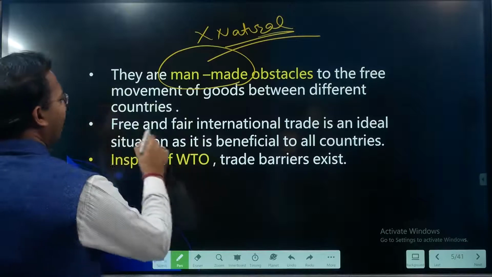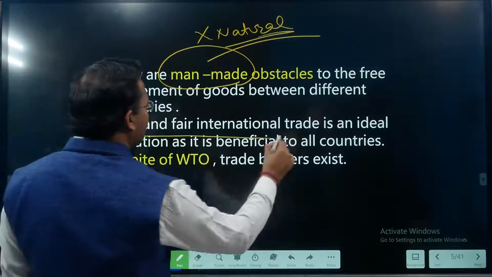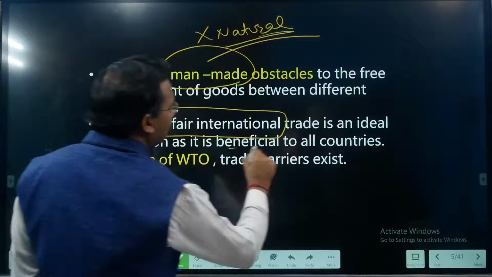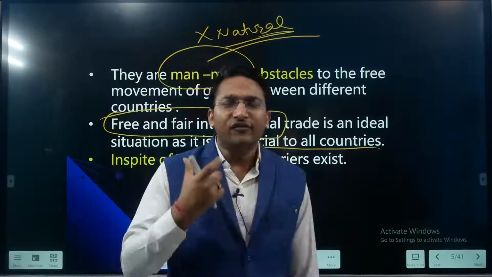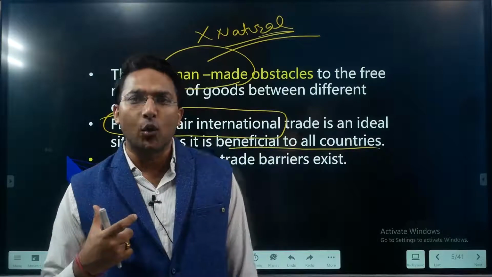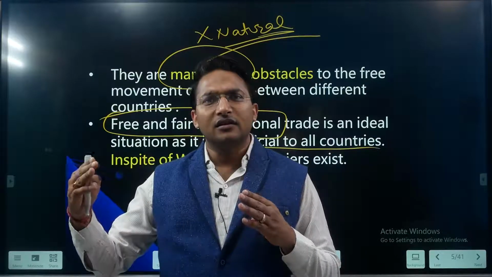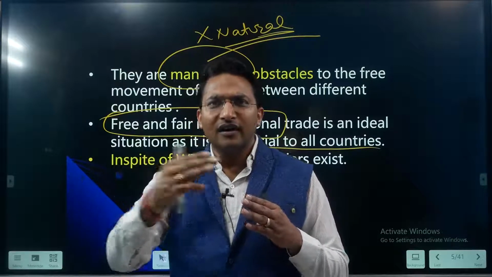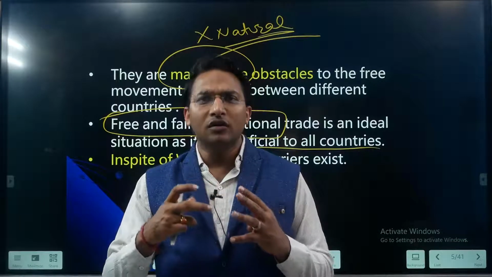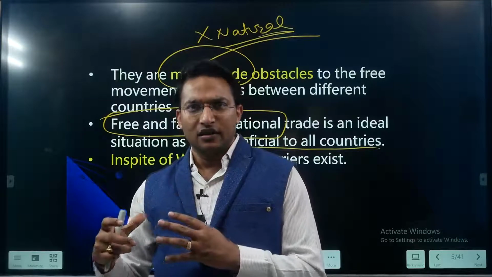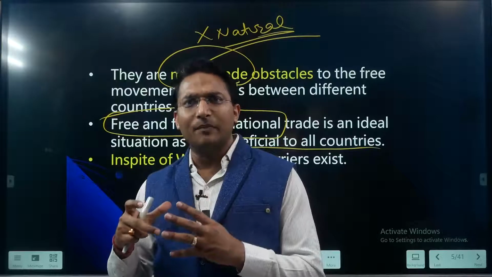Free and fair international trade is an ideal situation as it is beneficial to all the countries. So why is free and fair trade required? If we see the world, the different countries have their own strengths and weaknesses. Suppose we take the example of India.